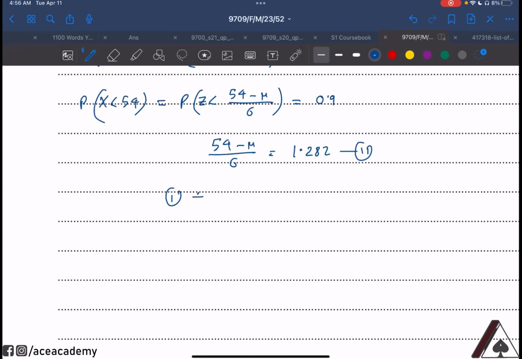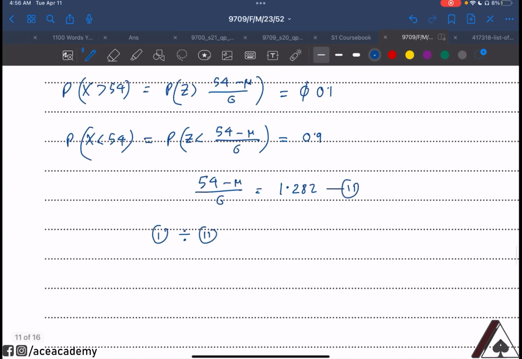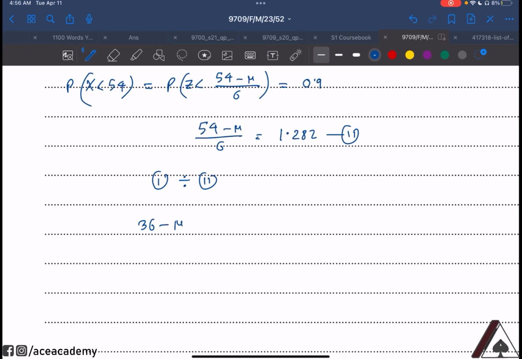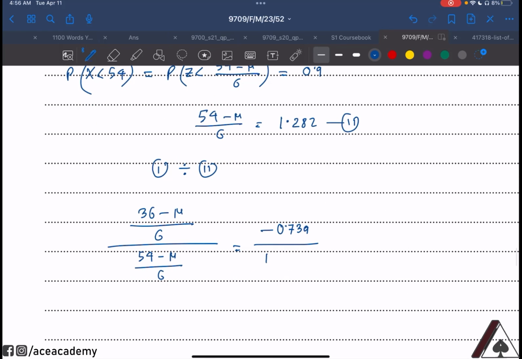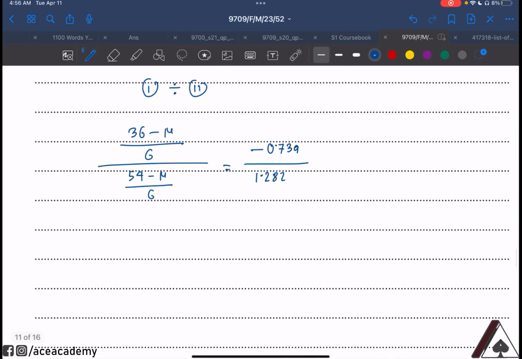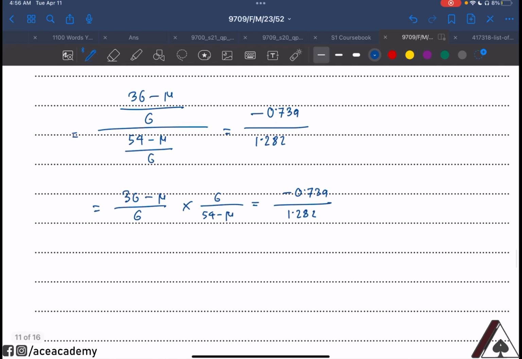Now equation 1 divided by equation 2: 36 minus mu by sigma by 54 minus mu by sigma equals minus 0.739 by 1.282.